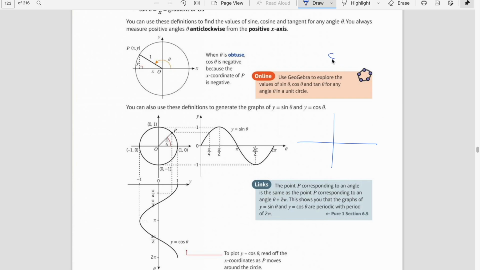For example, if I write sine 30 degrees, let me check the value. So sine 30 is 1 by 2, 0.5. So I know that sine 30 is 0.5, and taking the basic angle as 30 degrees in all four quadrants.